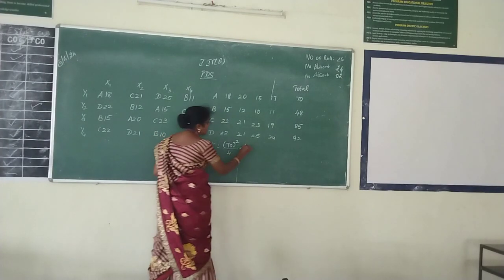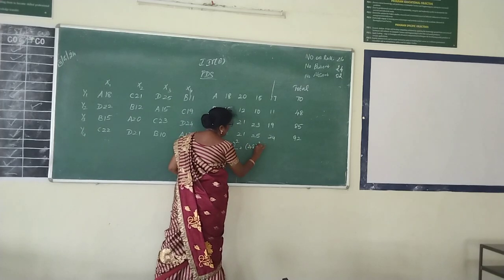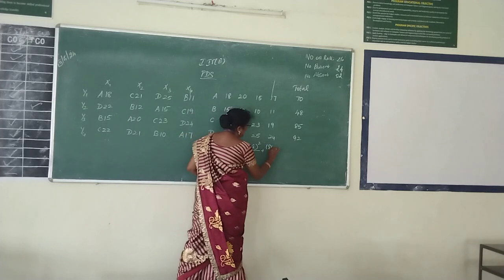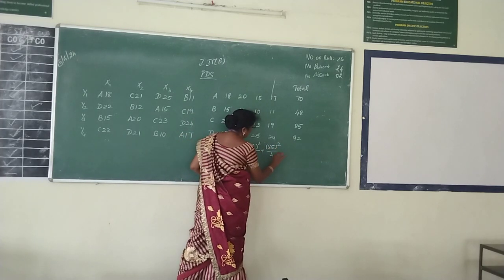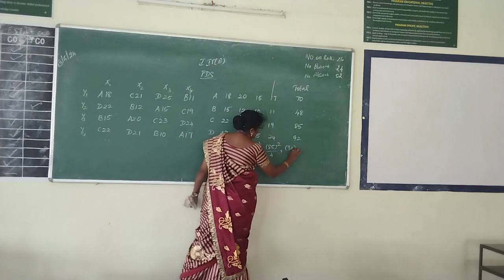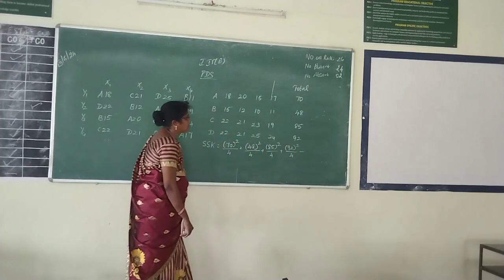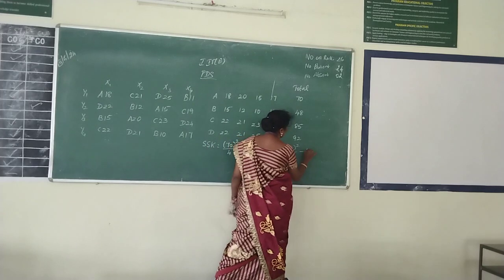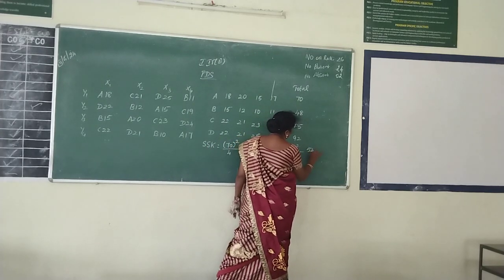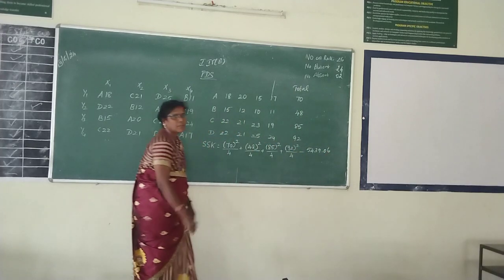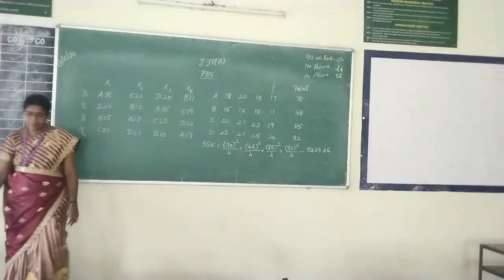Plus the total of B, 48 the whole square by 4. Total of C, 85 the whole square by 4. D, 92 the whole square by 4. Minus T square by N. Find what is SSK?